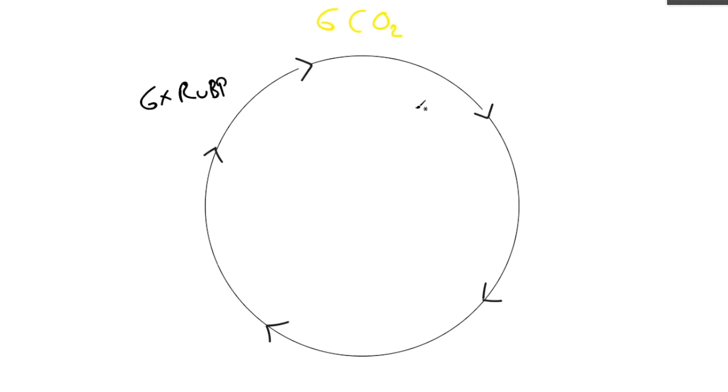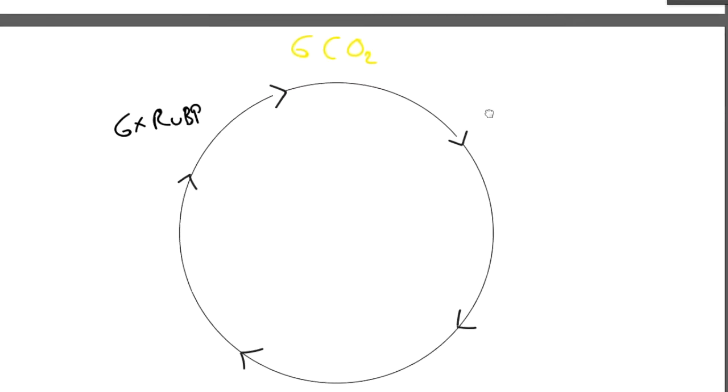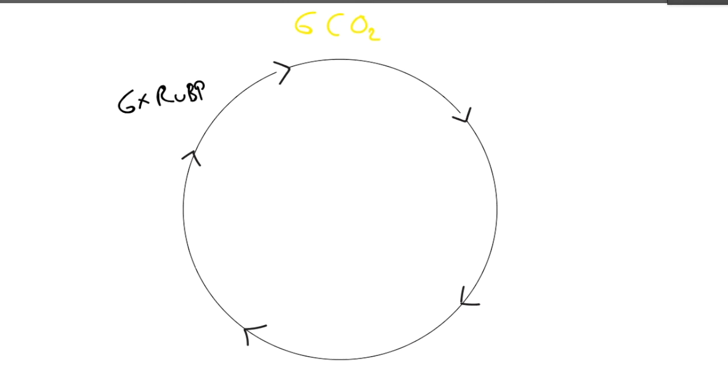We'll have, before we had 2 times 3, 2 GP molecules, so we times 2 by 6, which means that we're going to have 12 GP.